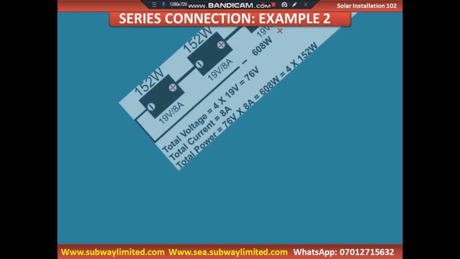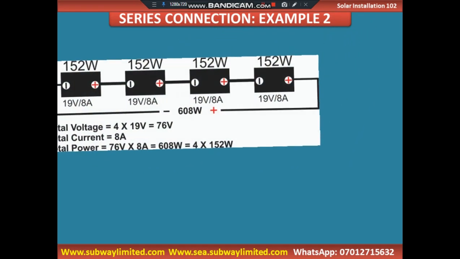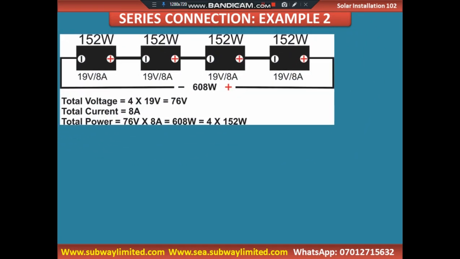This is example 2 when we are talking about series connection. If you look at these solar panels' rating, we still have 4 solar panels, all of the same watts.